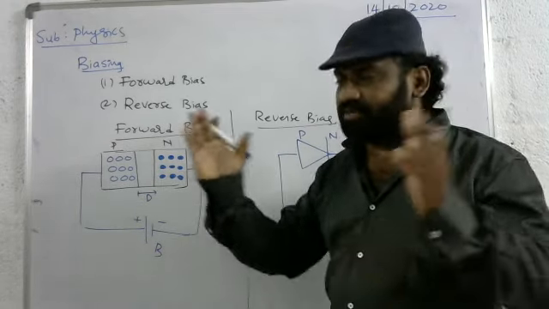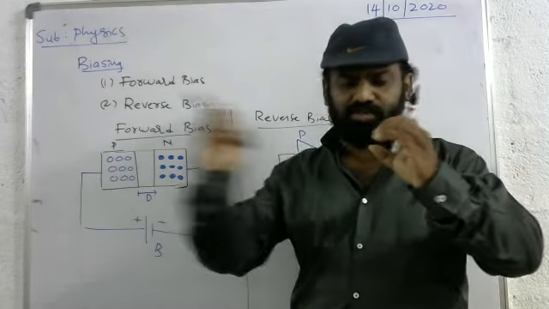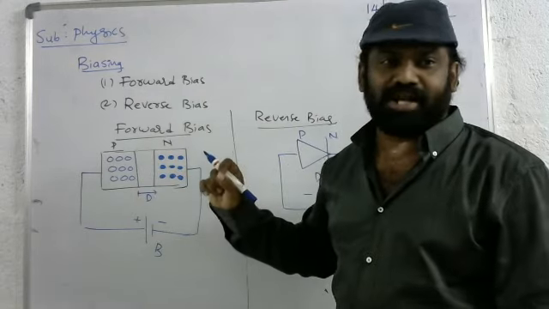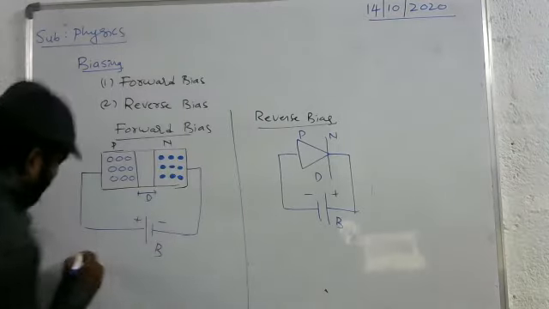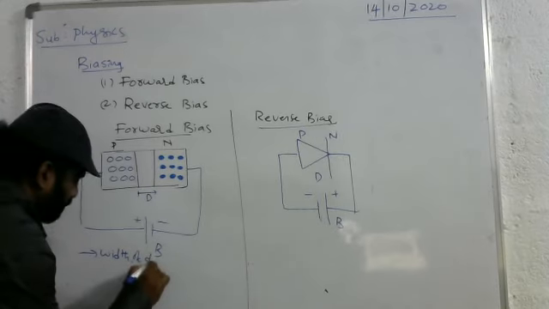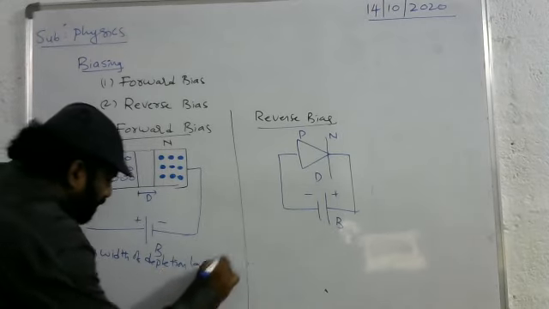As a result, the width of the depletion layer decreases. Holes and electrons are moving towards the junction, so the width of the depletion layer gradually decreases and becomes zero. So the width of the depletion layer decreases.